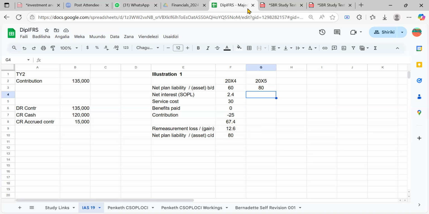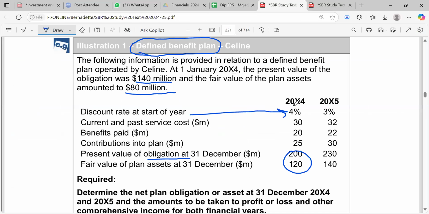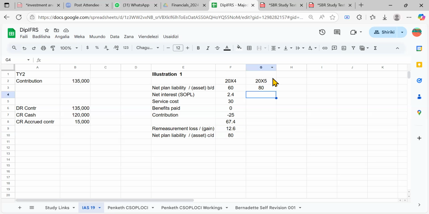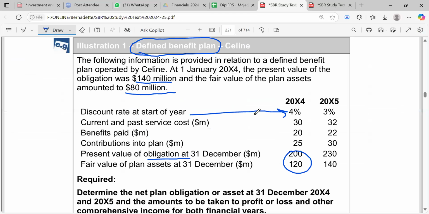Yes, for 20x5. And then for 20x5, we would still get the net interest component again at 3%. So we'll say 3% times 80, and we have 22.4. Then let's go for the service cost. Service cost is 32.